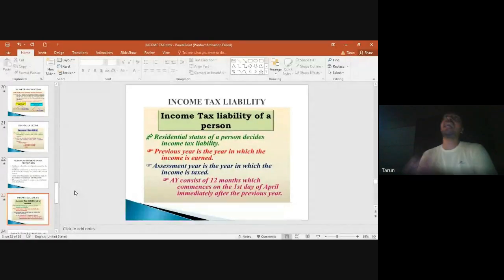So we need to check to find out the income tax liability if anything unfair has been done, any misconduct on the income, anything hidden while calculating the tax on the income. It means it becomes a tax liability of that person.